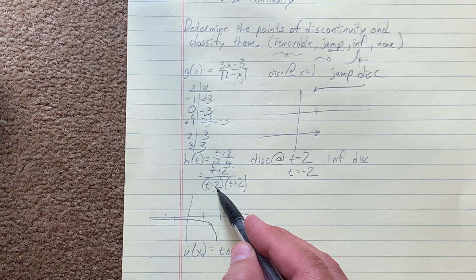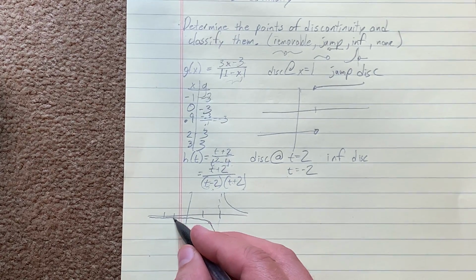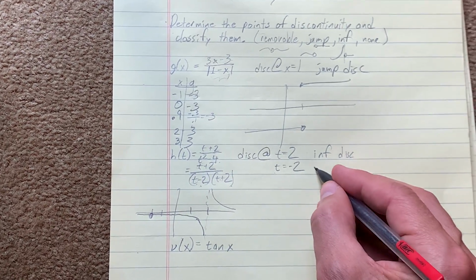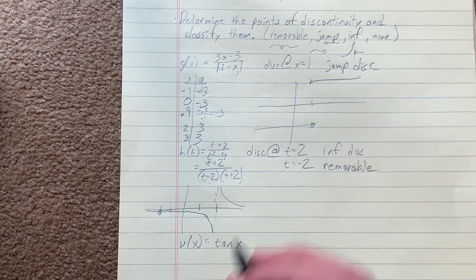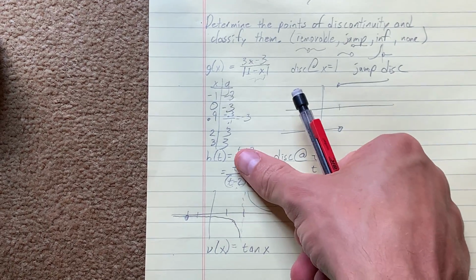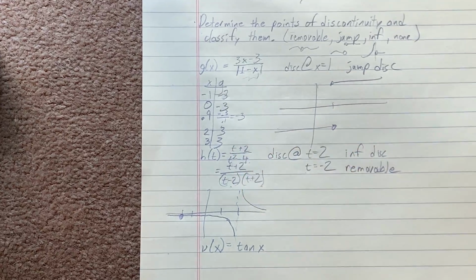That's really close to negative 1/4. But there's a hole there. So this is removable, because there's a hole. To the right and to the left of this, it looks just a whole lot like 1 over t minus 2.